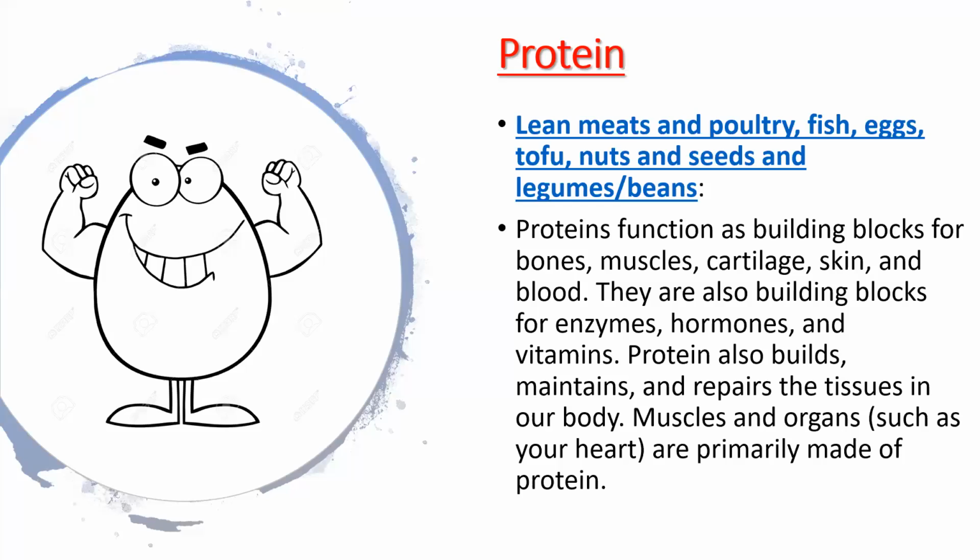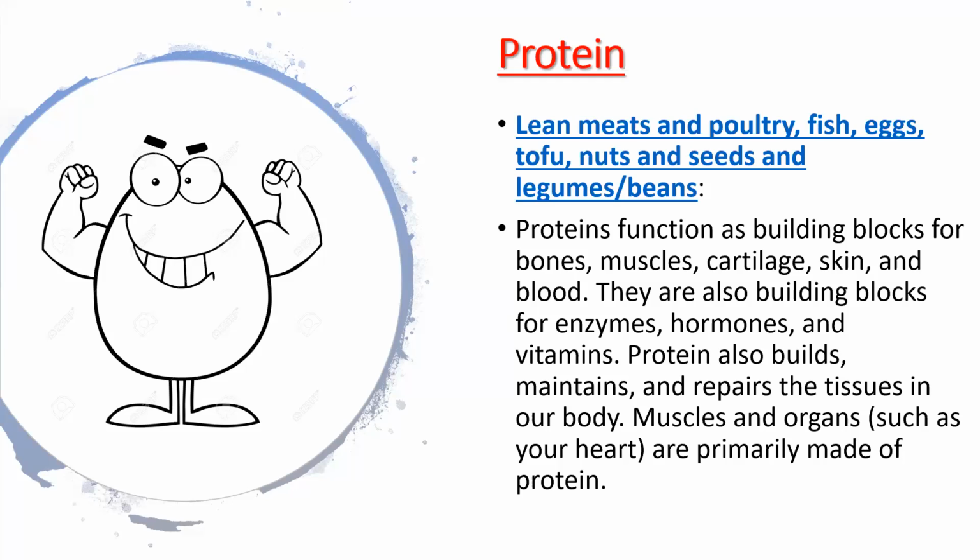Next slide, please. Yeah, we've got protein. So protein functions as the building blocks for our bones, muscles, cartilage, skin, and blood. They are also the building blocks for the enzymes, hormones, and vitamins in our bodies. So our bodies use the protein to make special chemicals in our systems, including adrenaline.